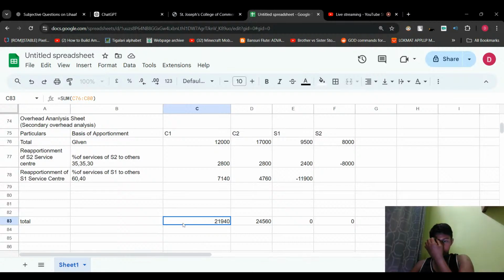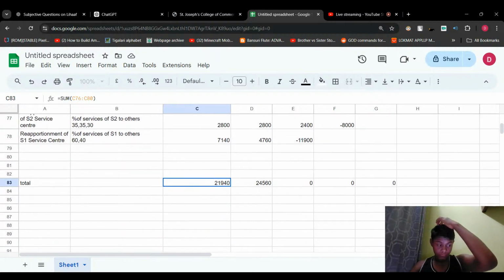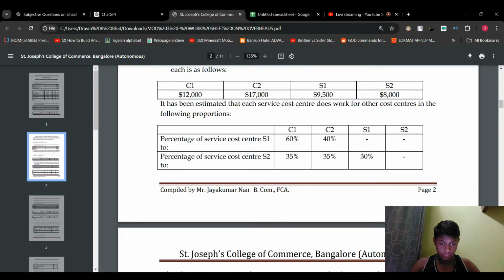That'll be the total. Yes, that's all it is, guys. That's how simple it actually is.